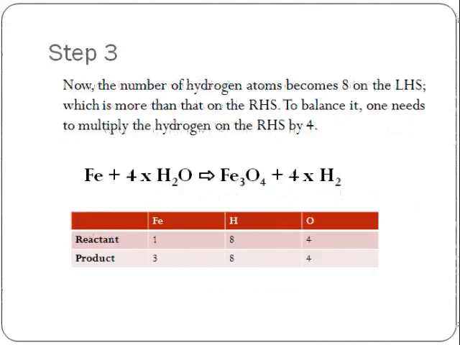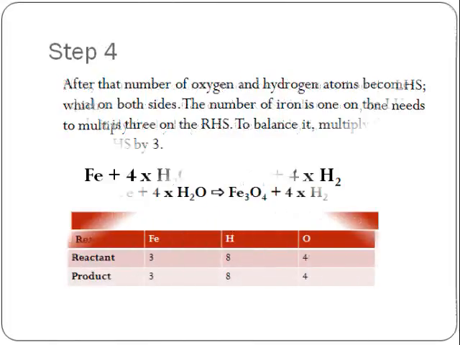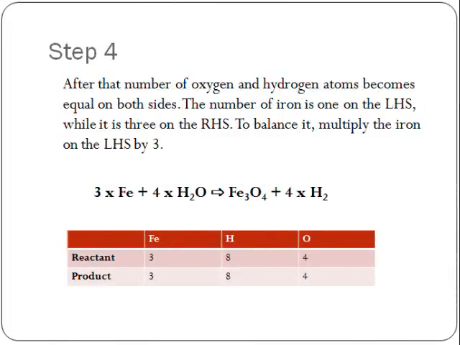Now, by doing this, the number of atoms of hydrogen on the reactant side becomes 8 and it is still 2 on the right hand side. Hence, we will multiply hydrogen on the right hand side with 4 and the number of atoms will become 8 on both the sides. Now, oxygen is balanced, hydrogen is balanced. Now, there is a need to balance iron.